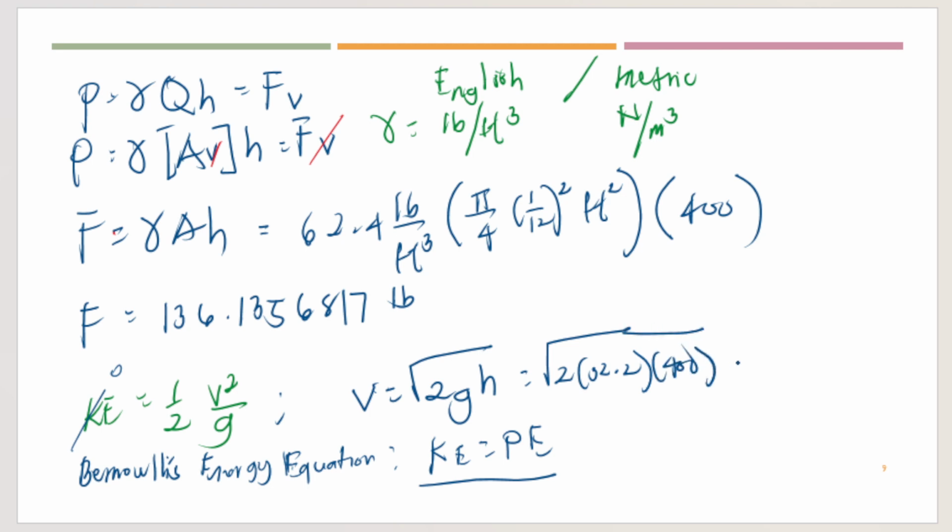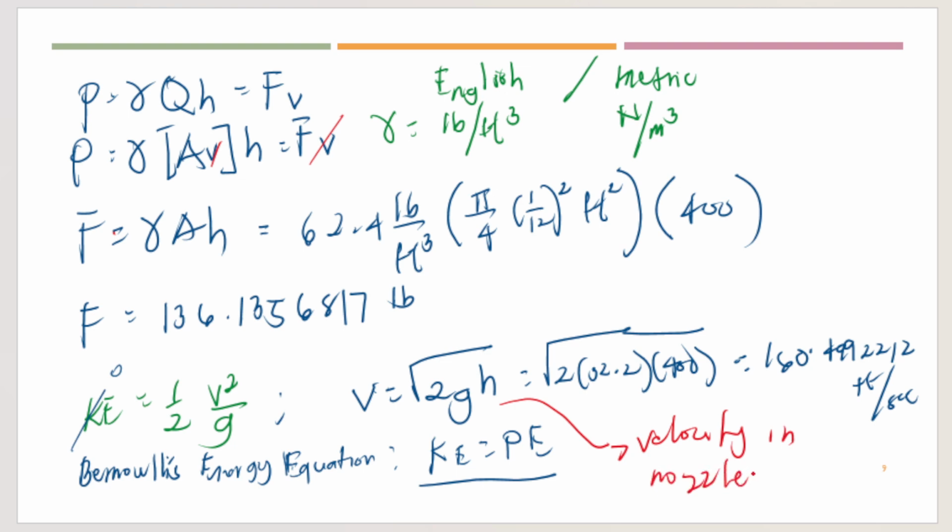Therefore, ang ating velocity sa nozzle is equal to 160.4992212 feet per second. Yan. Meron na tayong velocity, meron na rin tayong force. Actually, this formula applied sa nozzle. Ito yung kanilang mga formula. Velocity in nozzle. By the way, nozzle is a measuring device for fluid. Okay? Measuring device for fluid.